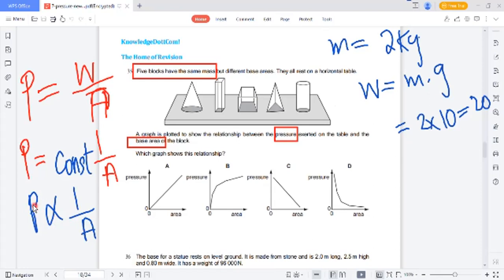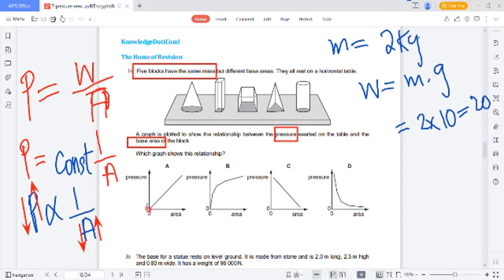It means if you increase the area, pressure will decrease. If you increase the pressure, area decreases. So pressure and area are inversely proportional. So let's see one by one.